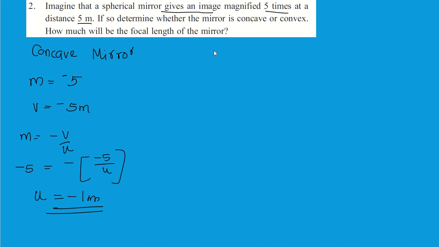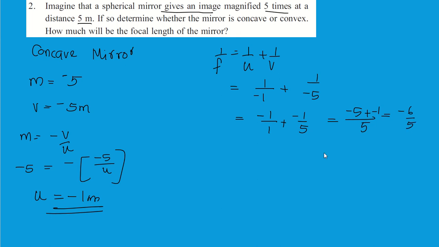Okay. Now how can we calculate the focal length? 1 by f is equal to 1 by u plus 1 by v. 1 by u is -1, plus 1 by v is -5. So this is going to be -1 by 1 plus -1 by 5. 5 is going to be the LCM. So this is going to be -5 plus -1, that is -6 divided by 5.